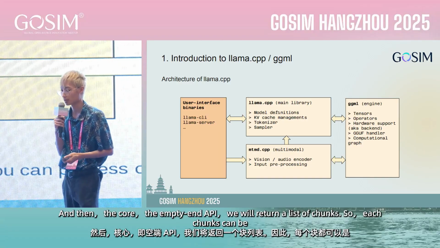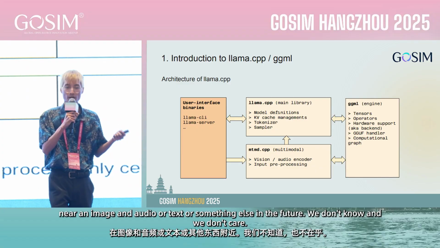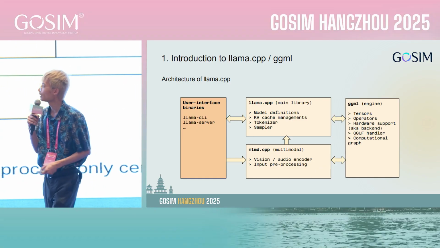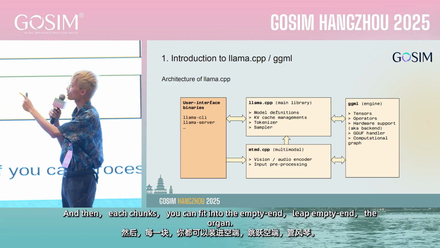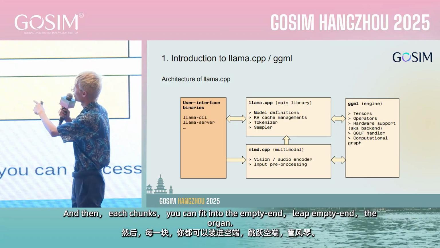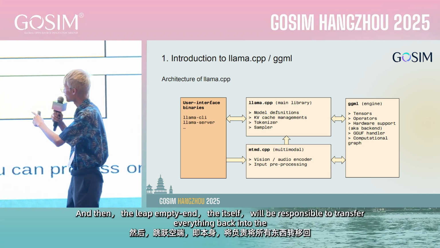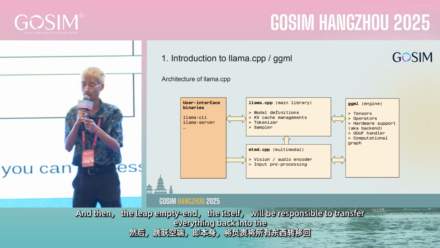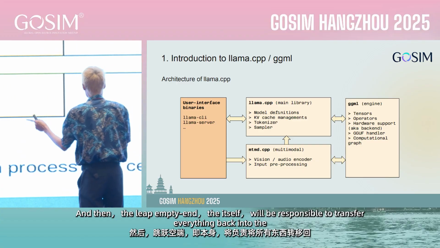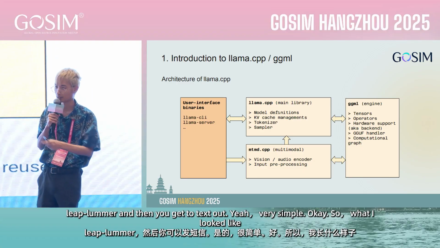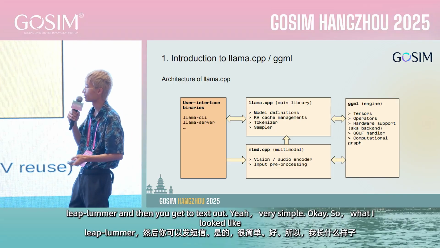So each chunk can be either an image, an audio, or a text, or something else in the future. We don't know and we don't care. And then each chunk you can feed into libmtmd again. And then libmtmd itself will be responsible to transfer everything back into libllama, and then you get the text out. Yeah, very simple.